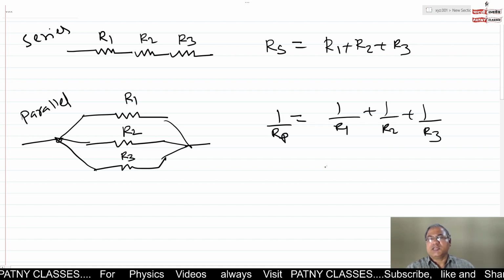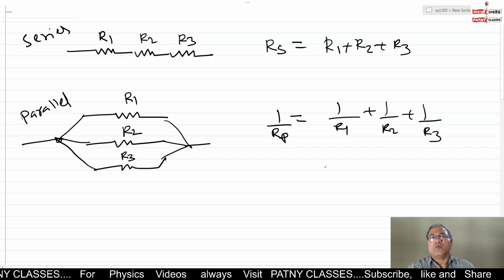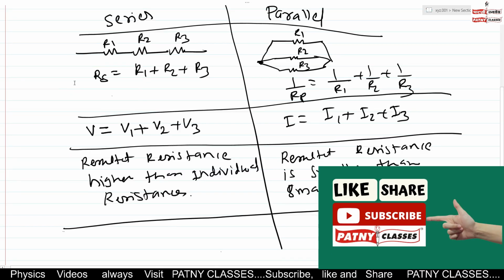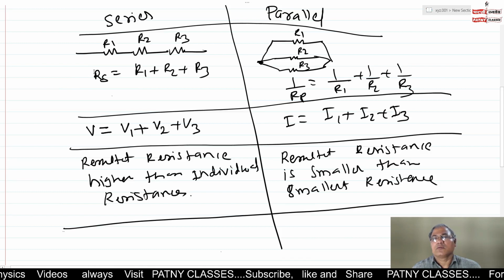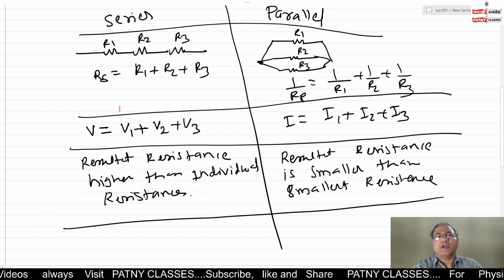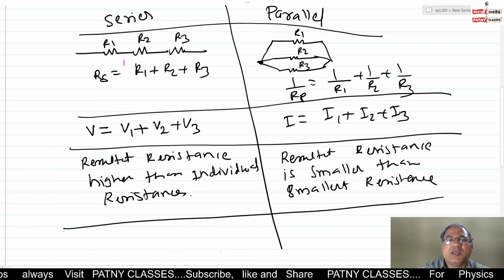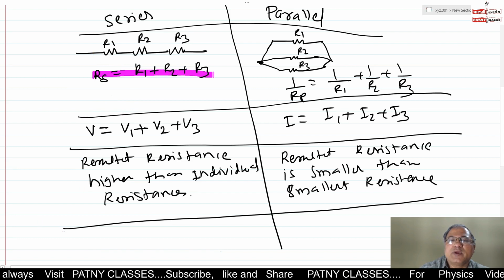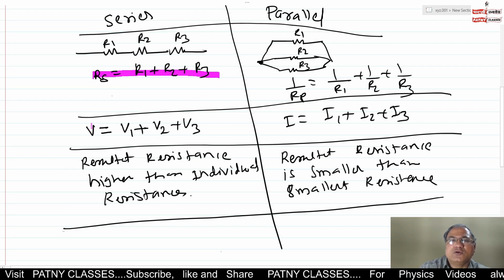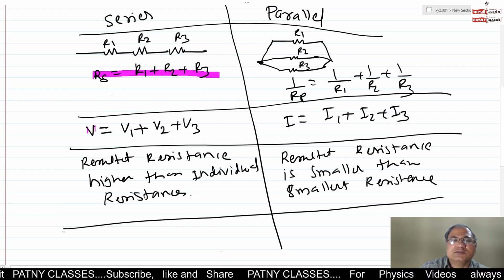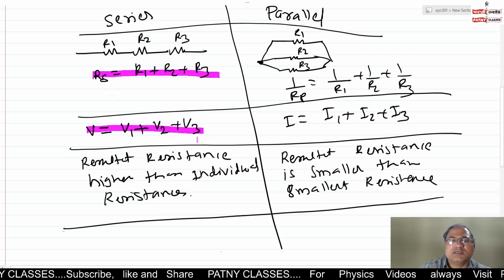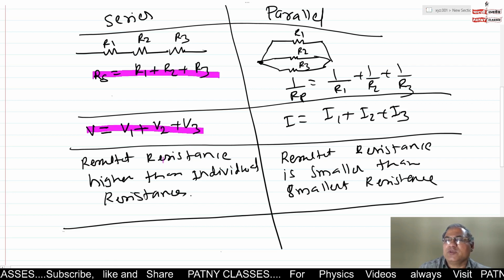Now let us distinguish between the series and parallel combination. Let us summarize the things. In series combination, the equivalent resistance is given by Rs equals R1 plus R2 plus R3, and the supply voltage can be obtained by adding all the voltages at individual resistors. Therefore, V equals V1 plus V2 plus V3.